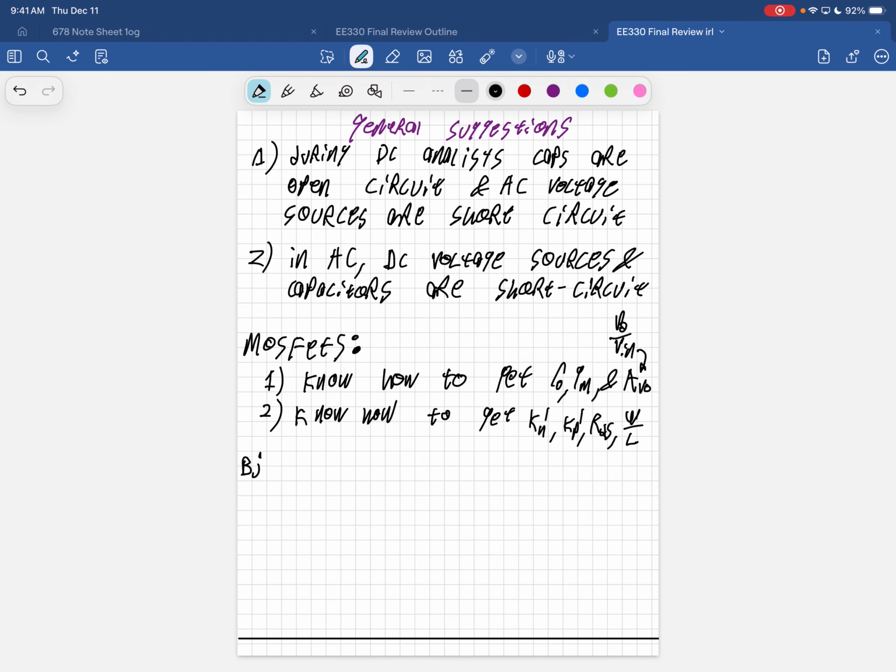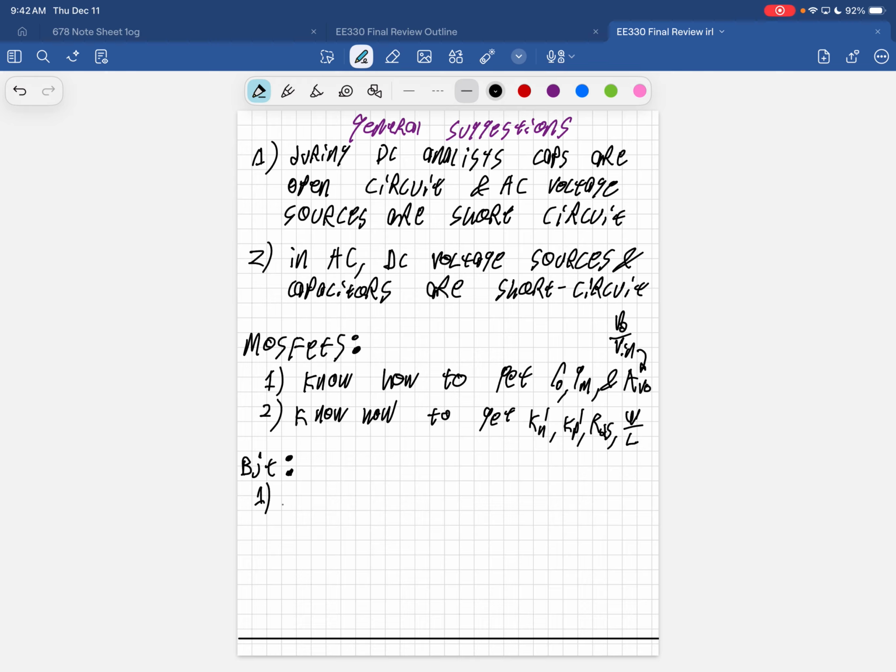Then for BJTs, they're kind of similar devices, same stuff, but different day. Number one, as you mentioned, early effect resistance, RO.